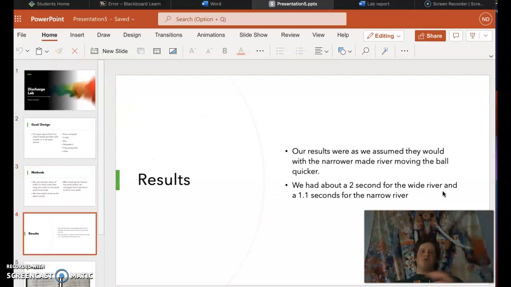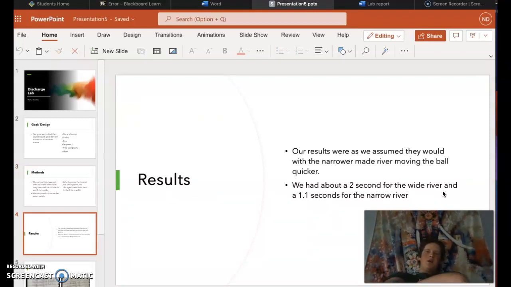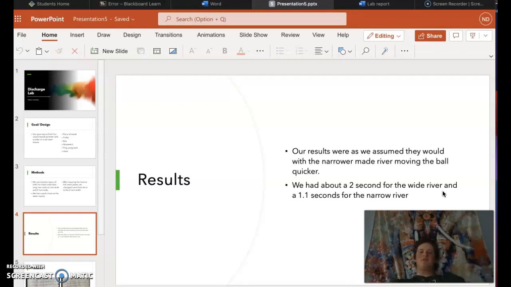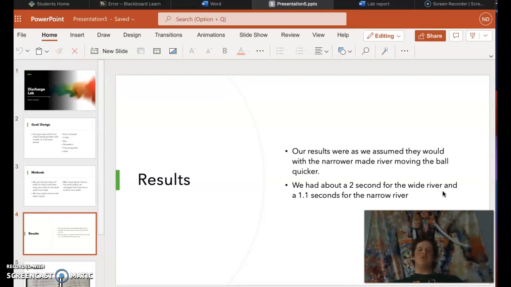Our results were as we assumed they would, with the narrower river moving the ball quicker. I believe 1.96 seconds was the average for the 4 inch wide river, and 1.1 seconds for the narrow river, which is almost a whole second difference, and they were the same length.